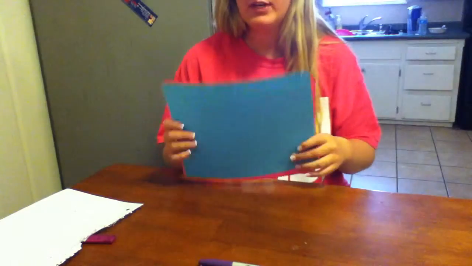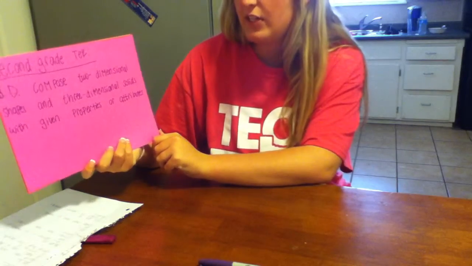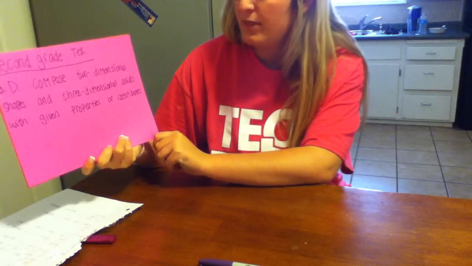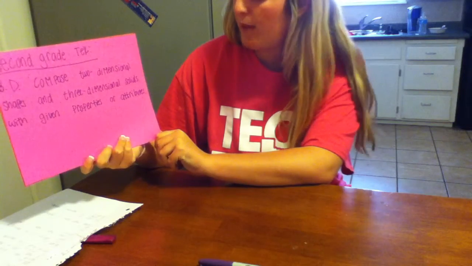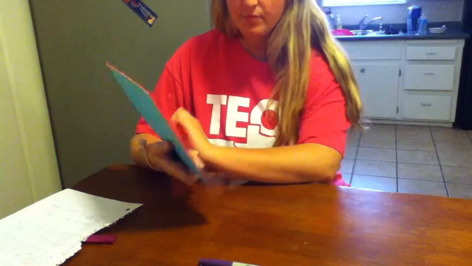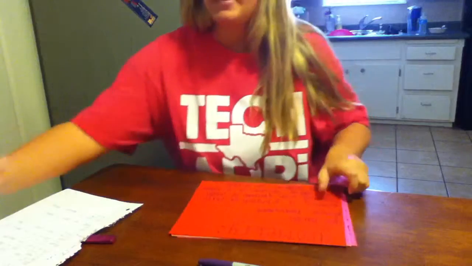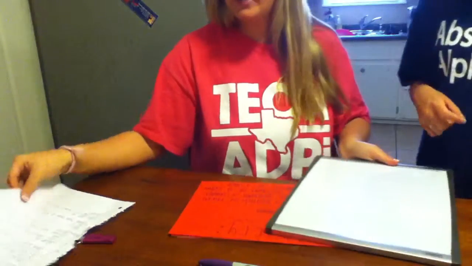So we are going to do a 2nd grade lesson, and the technique that we are going to use is compose 2-dimensional shapes and 3-dimensional solids with given properties or attributes. So now I'm going to use Miss Jackie again, and she's grown 2 years. She's already in 2nd grade.